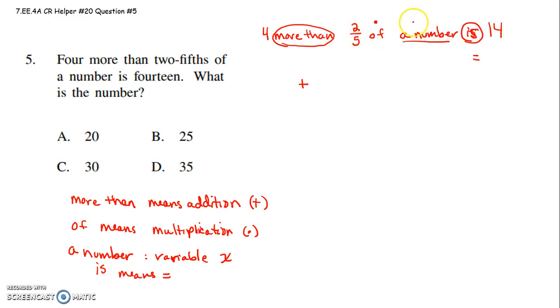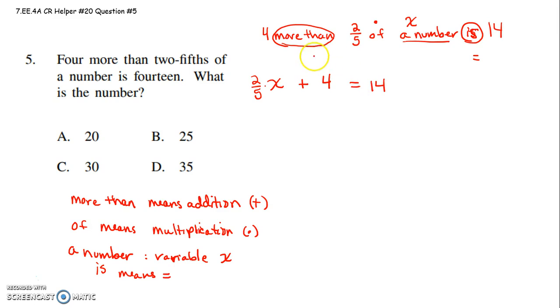So 2/5 of a number would be 2/5 times X. Normally with more than, we'd write the 2/5 times X first, then the plus sign for more than, then we'd write 4. Is would be equals, and then you have your 14.